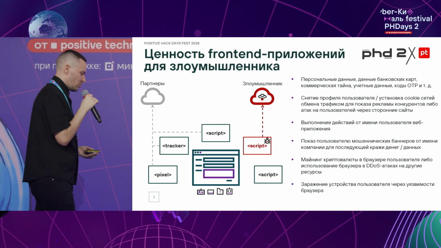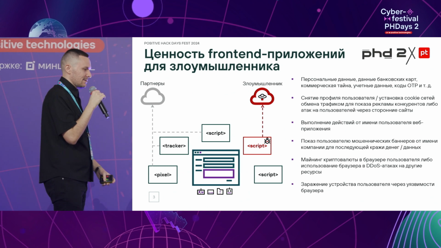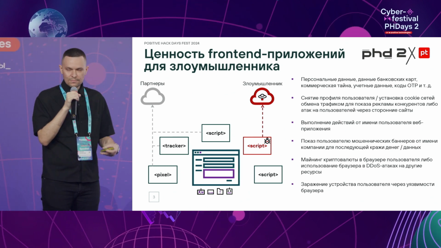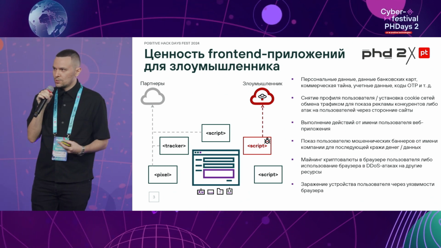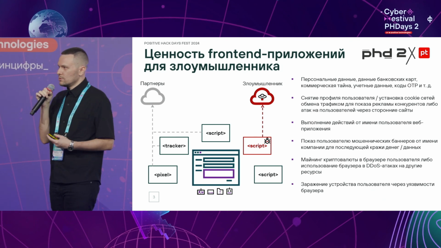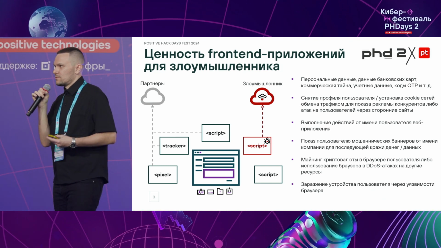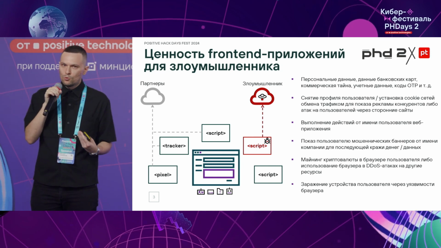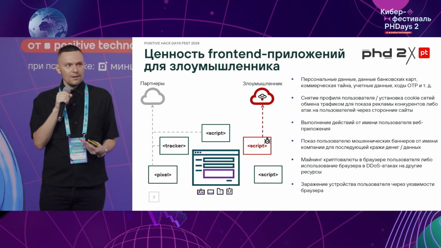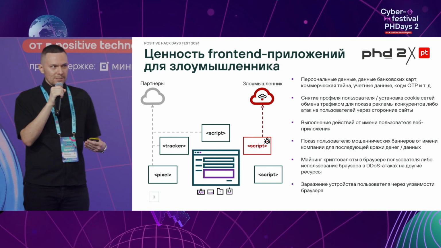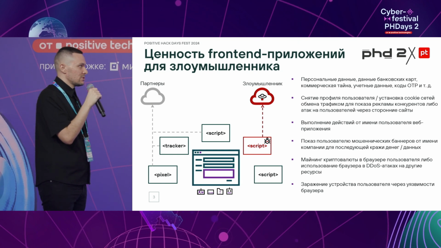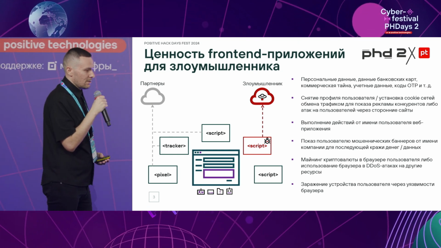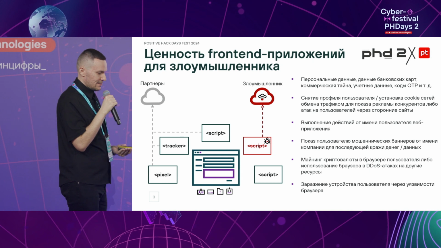There are multiple cases. If it is a competitor, they can use this cookie to serve competing, targeted ads. If it's a different type of attacker, they can use this data for phishing banners to further exploit the attack against this user.